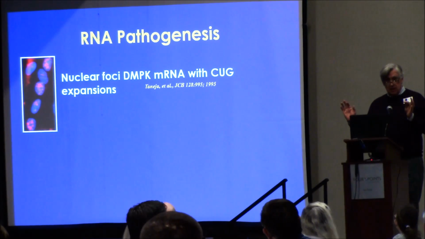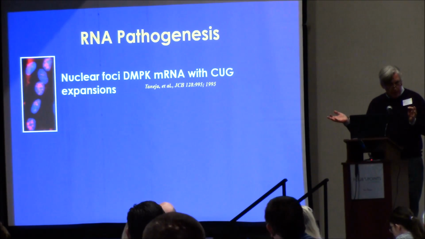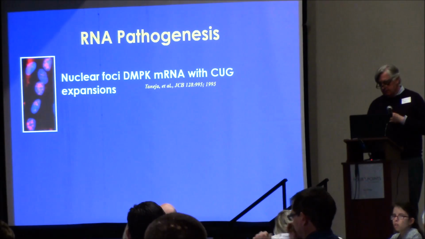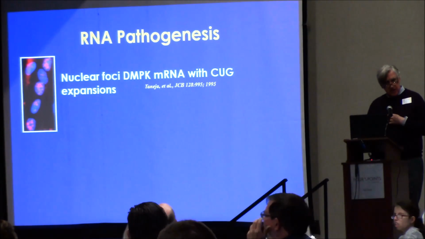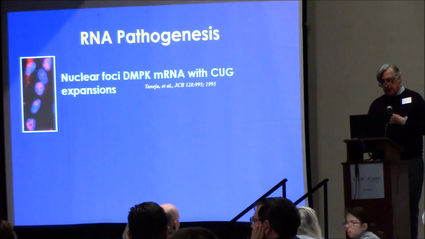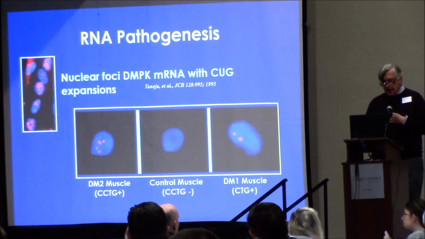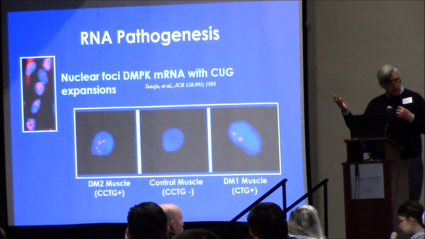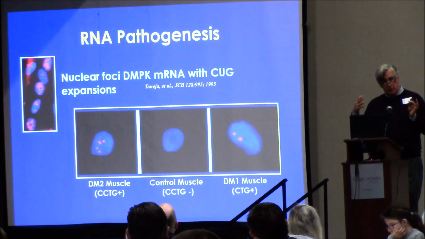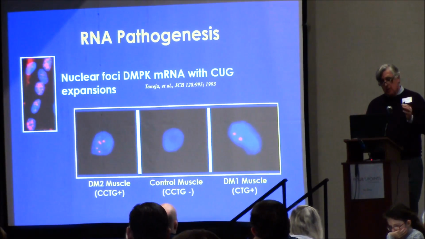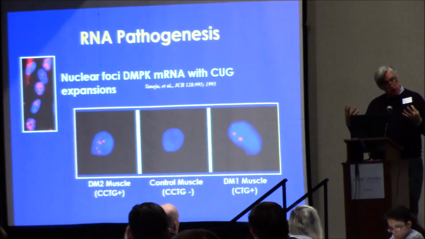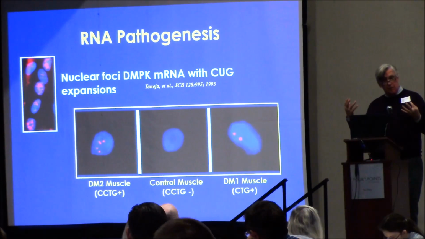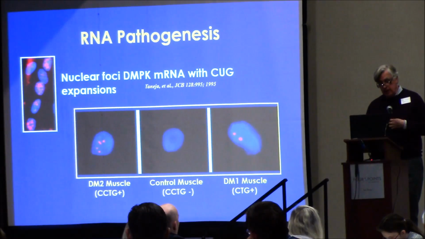They just said, oh, that's kind of cool, but what of it? It made no sense because we didn't understand how this all worked back then. And then right about the time that we found the repeat expansion for myotonic dystrophy type 2, we were able to look and say, oh, those same clumps appear in DM1 and DM2.